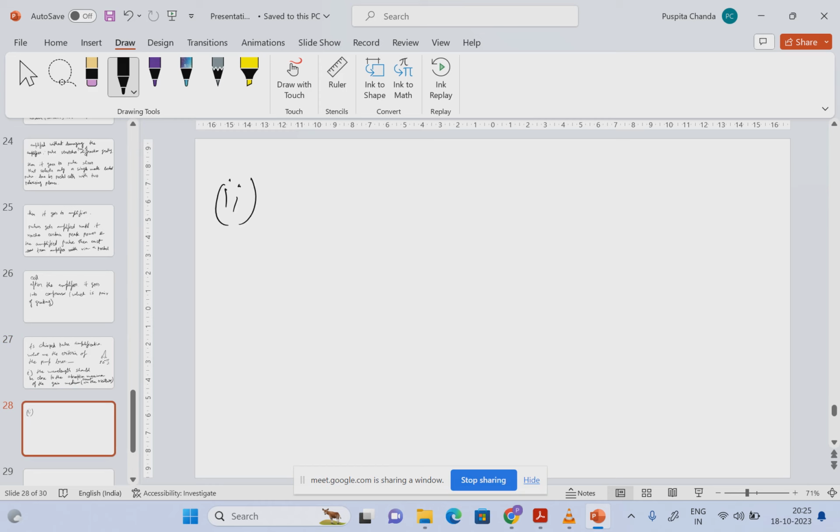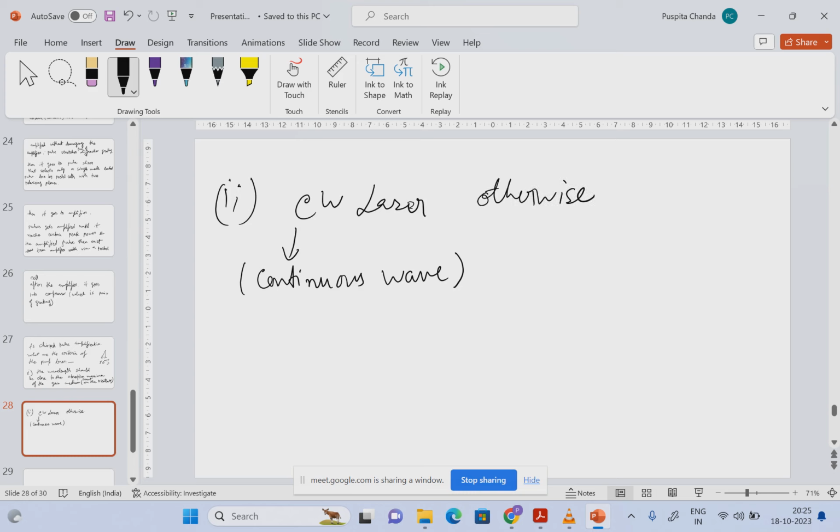Okay. Second, it has to be a CW laser. Otherwise, sufficient gain cannot be achieved.